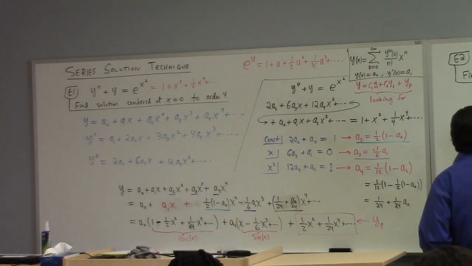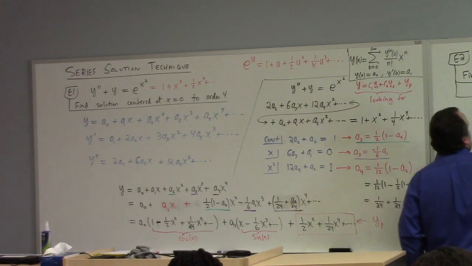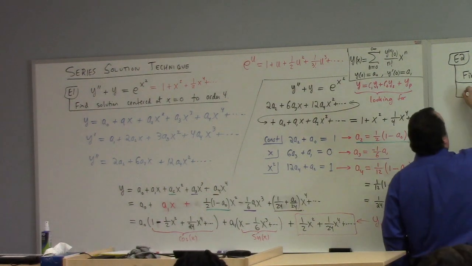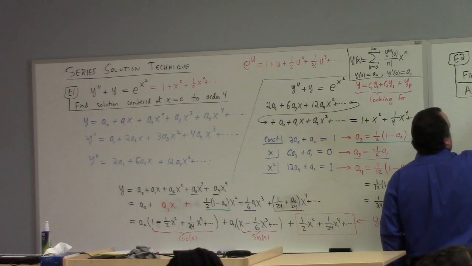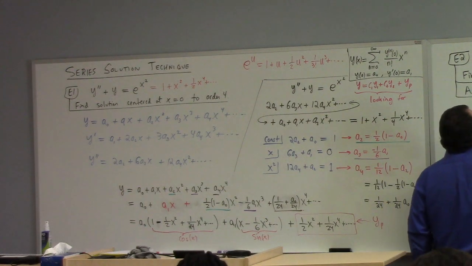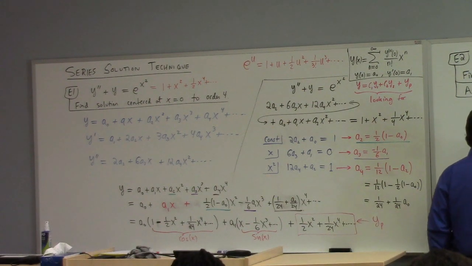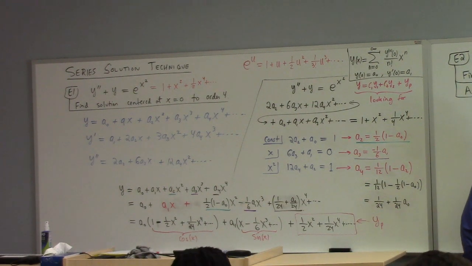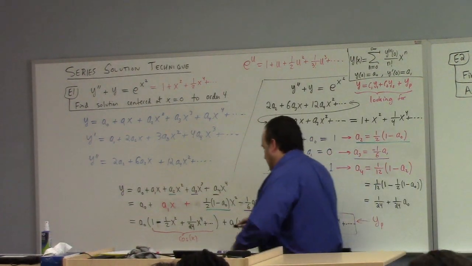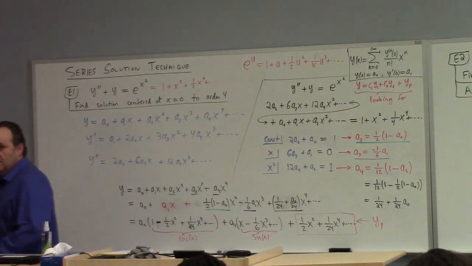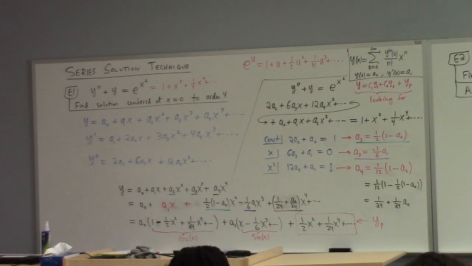And let's give ourselves a little bit more data here. Let's assume that y of 1 is equal to 2, and y prime of 1 is equal to 3. So this one's a little bit different than my first example, because now we've got a homogeneous problem.